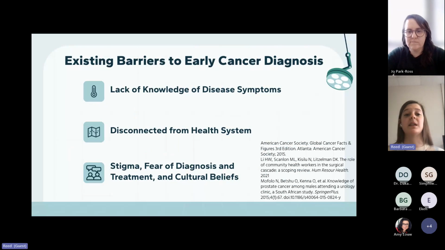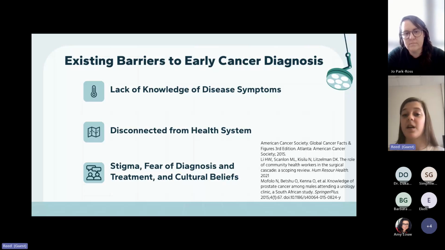So some of the existing barriers to early cancer diagnosis that have been identified include patient lack of knowledge of disease symptoms, disconnect from health systems, as well as a fear of diagnosis and treatment.